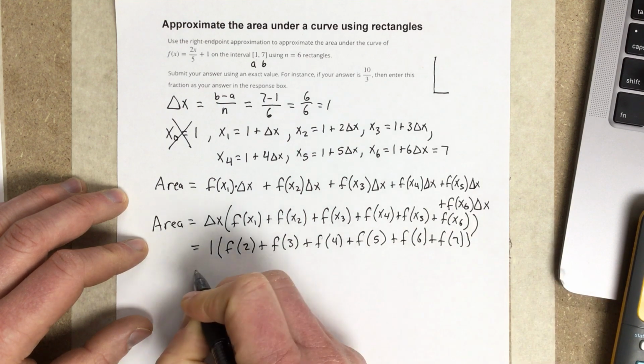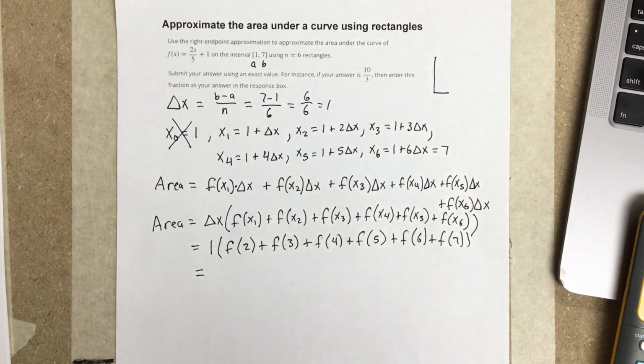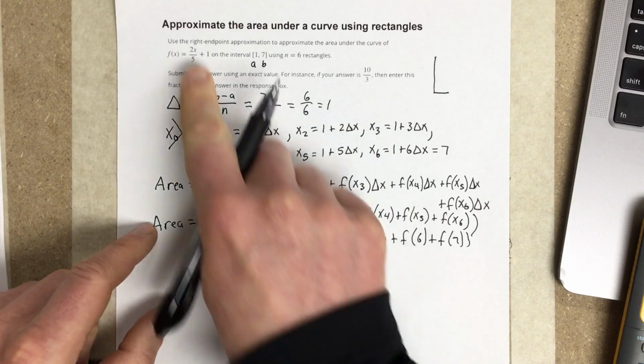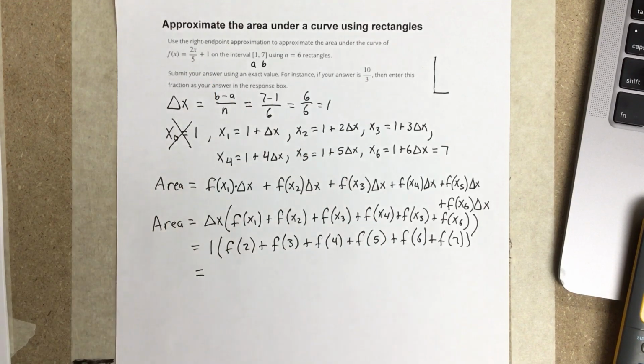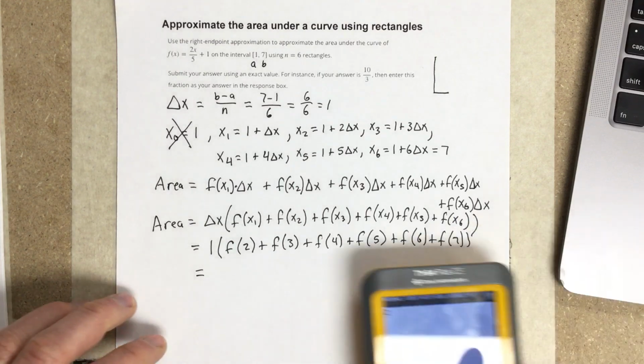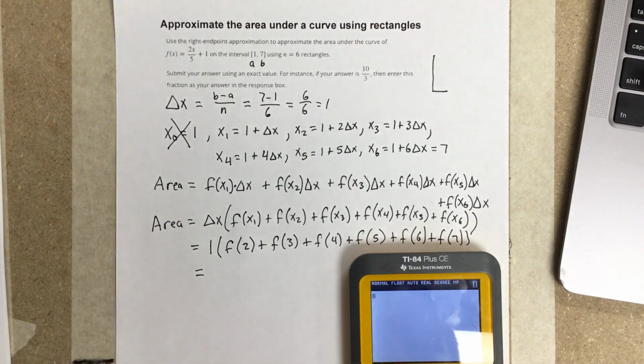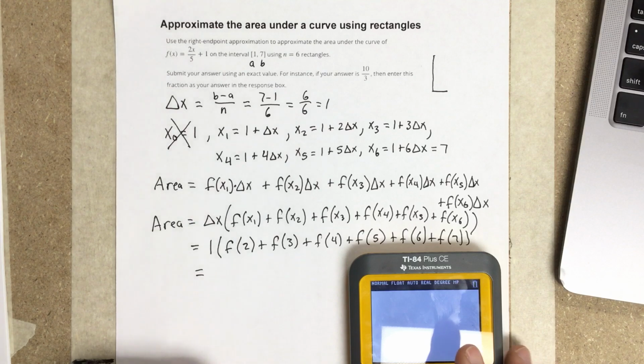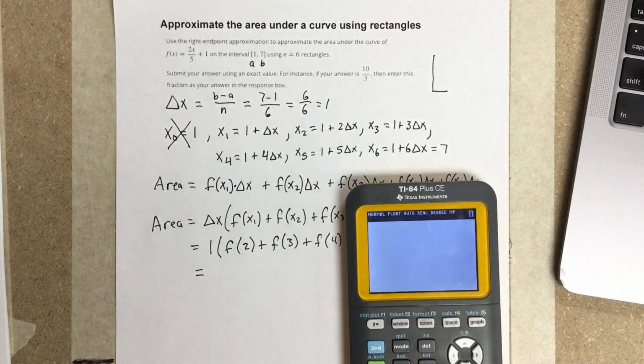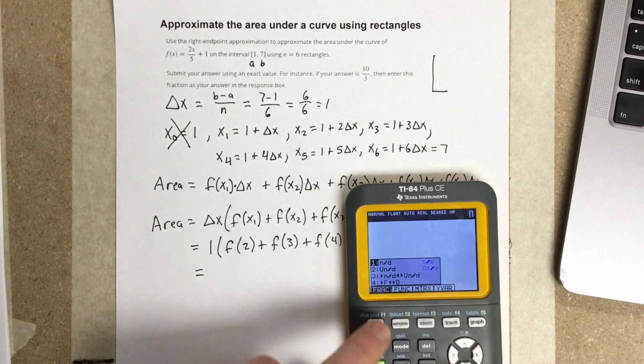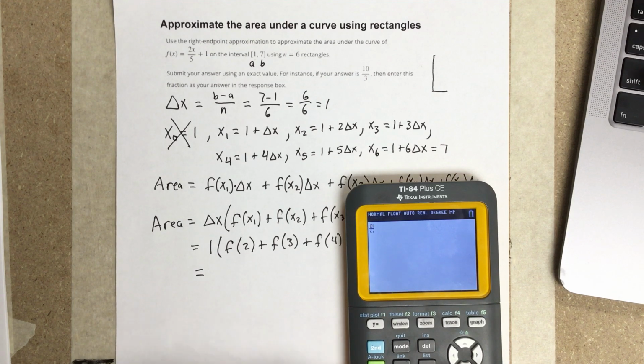Now I'm going to do a bunch of work in the calculator here. So I'm essentially going to plug 2 into this function. Let's get a fraction in there: 2x over 5 plus 1.